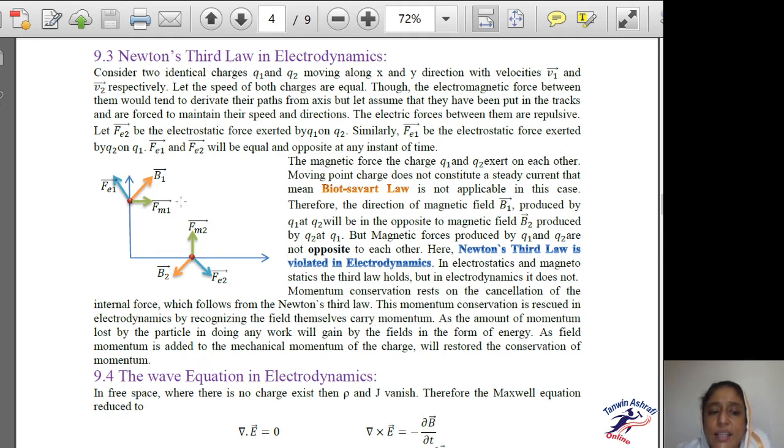And as the field momentum is added to the mechanical momentum of the charge, it will restore the conservation of momentum law. And this is how Newton's third law is saved in electrodynamics.